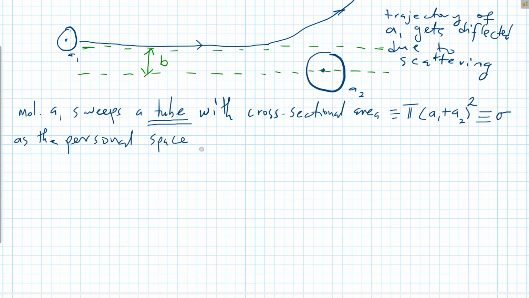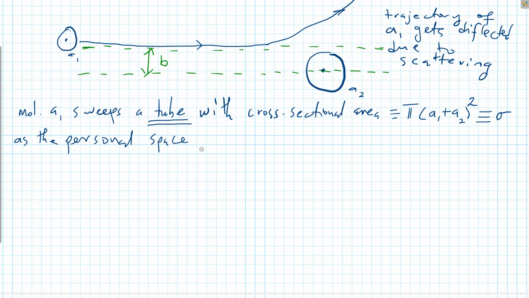And as the molecule A1 is moving, if any other molecule is found within this personal space, within this tube, then a collision is going to happen, right?